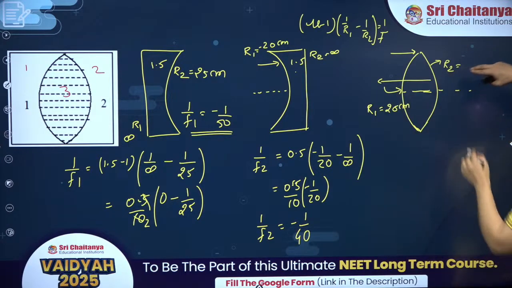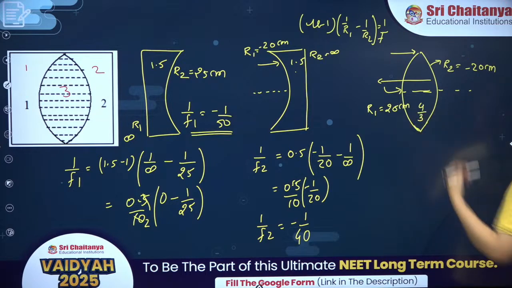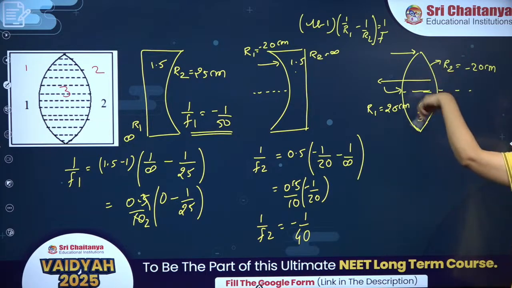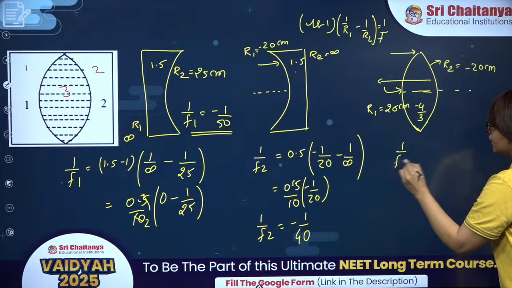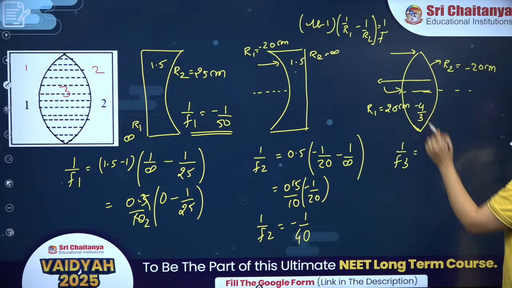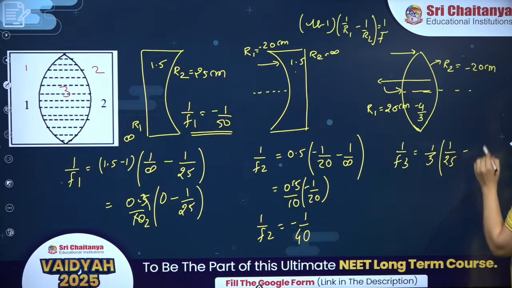So it will be minus 20 centimeter and refractive index of this one is 4 by 3. So let's say focal length of this middle portion is 1 upon f3 as mu minus 1, 4 by 3 minus 1 as 1 by 3 into 1 upon R1, 1 by 25 minus 1 upon R2 is minus 1 upon 20.